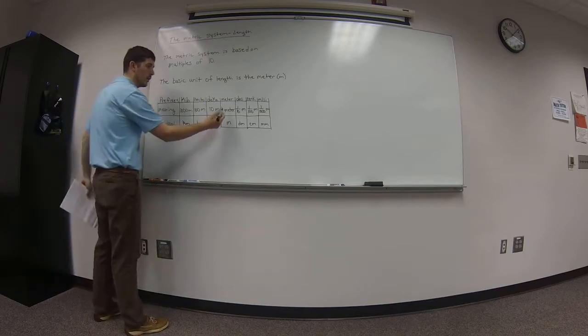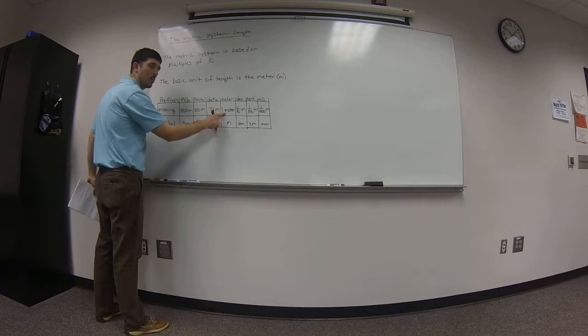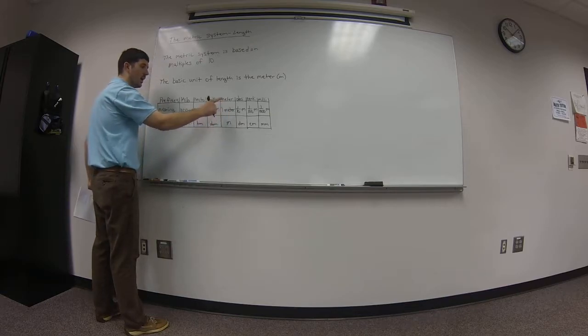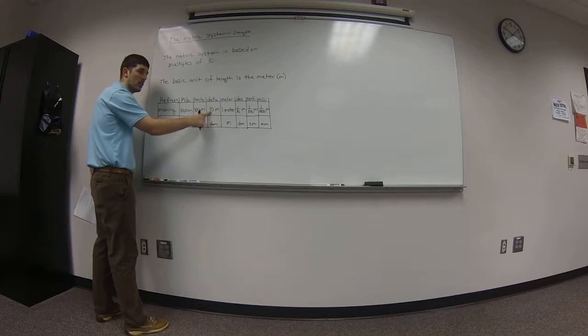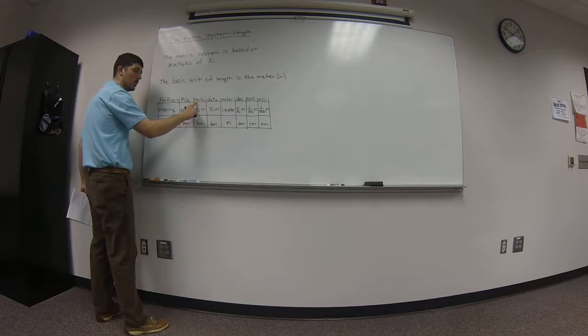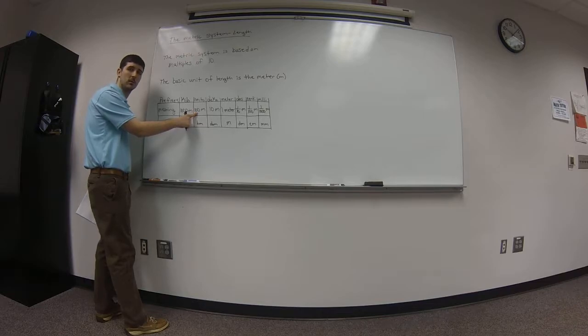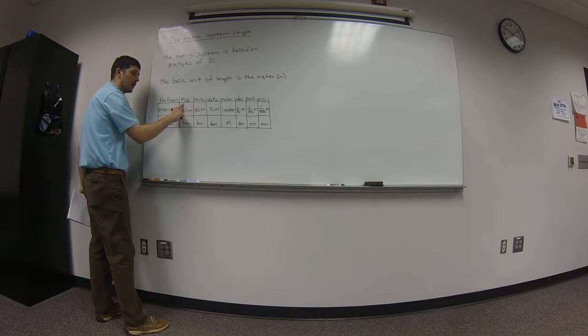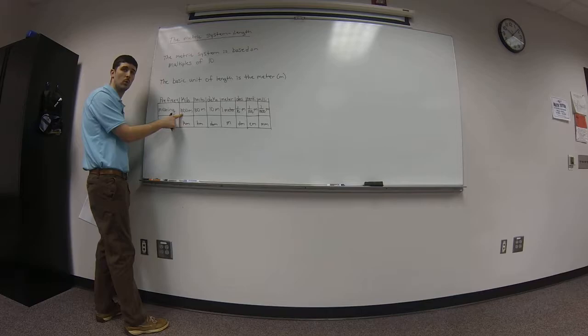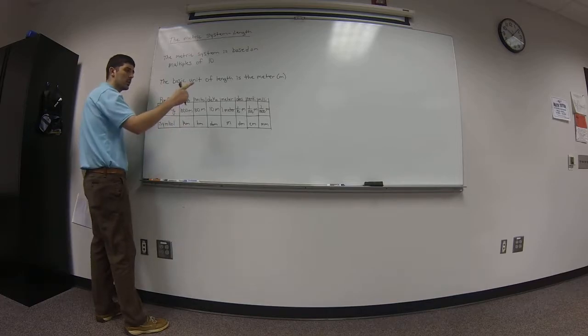Here we have the meter, so we have 1 meter. If I have 1 decameter, that's equal to 10 meters. If I have 1 hectometer, that's equal to 100 meters. And if I have 1 kilometer, that's equal to 1,000 meters. Let's go the other way.